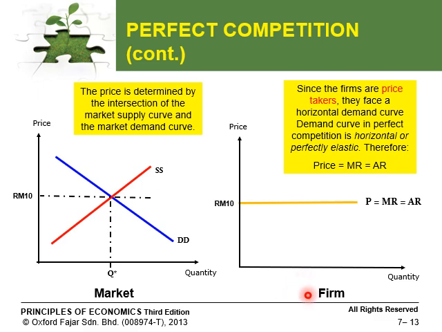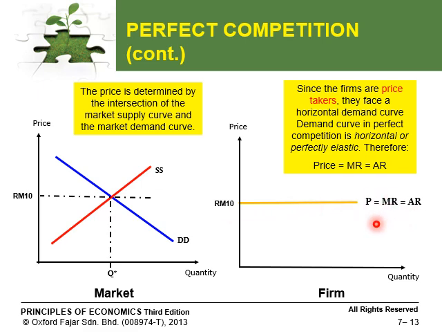In perfect competition, the firm only follows the price set by the market, which is 10 ringgit. So if the market shows that the equilibrium price is 10 ringgit, the firm has to follow the actual price. Because the price is constant and never changes, it will affect their marginal revenue and average revenue.